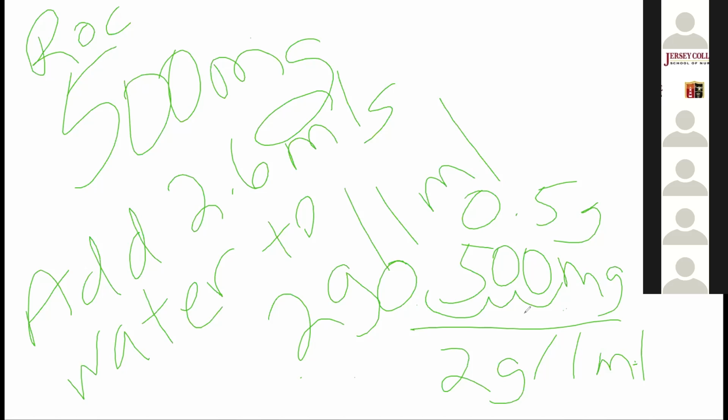Did anybody not get that? Now, the reason this is what you have on hand is that when you added the 2.6 mLs, that's what you got. So it's already telling you what you have on hand. When you reconstitute something, that's all it's doing.